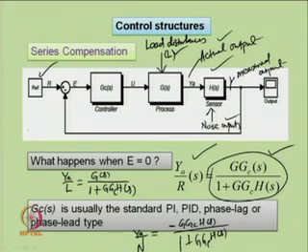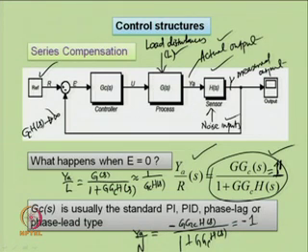Often it is desired to design a controller such that G G C H S tends to infinity, is very high. When G G C H S is a very large number, then this can be approximated to 1 upon G G C H S, this can be approximated to 1 and this can be approximated to minus 1.